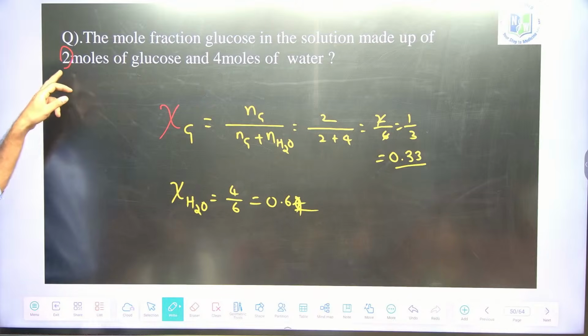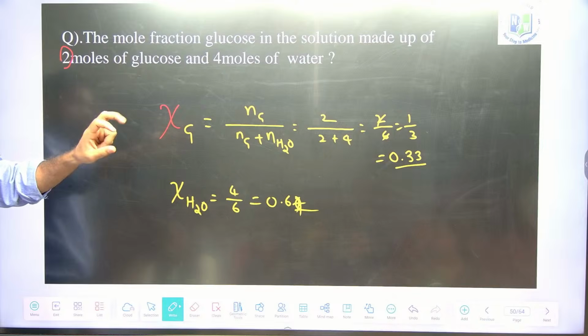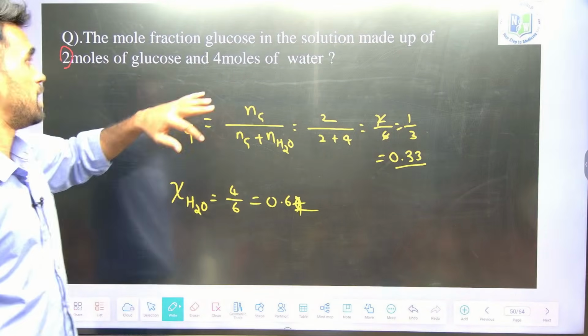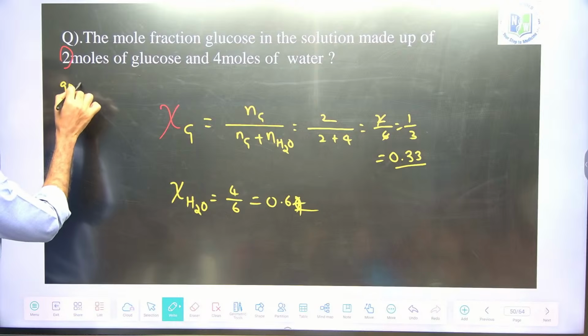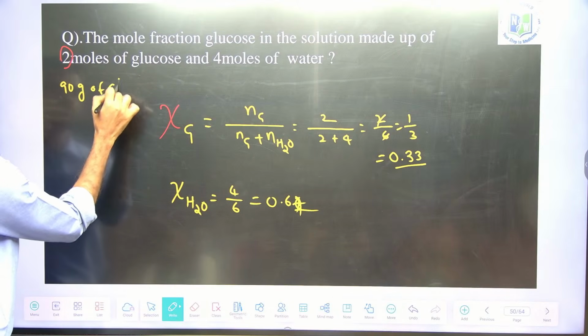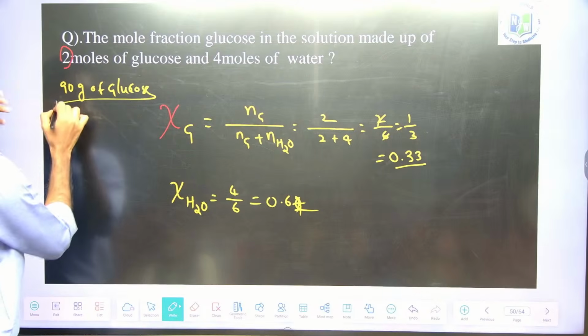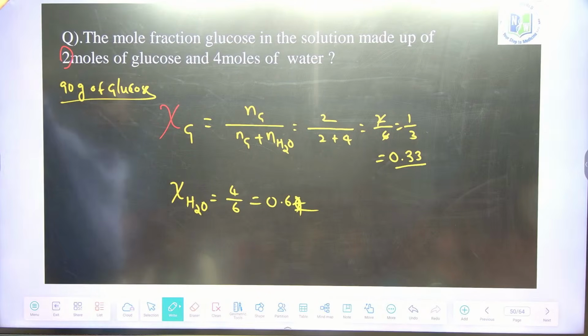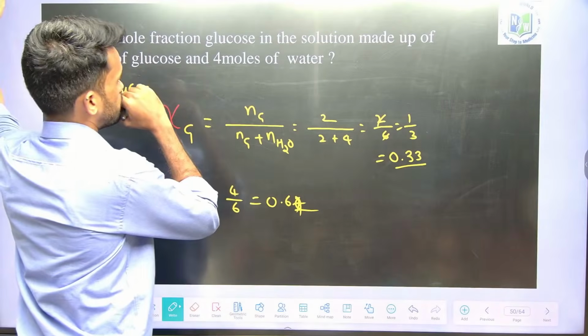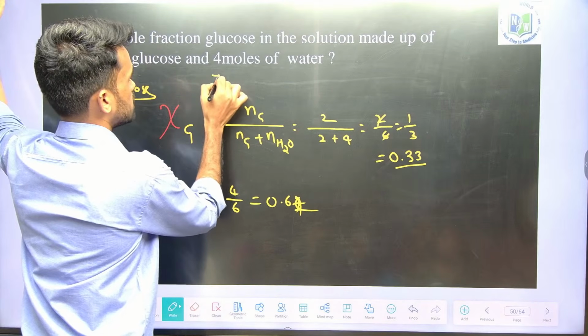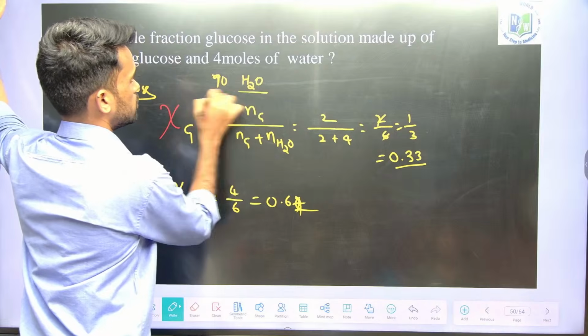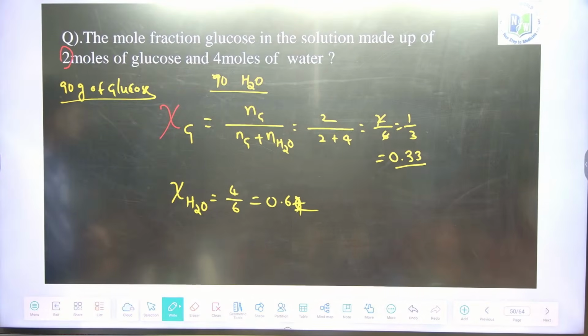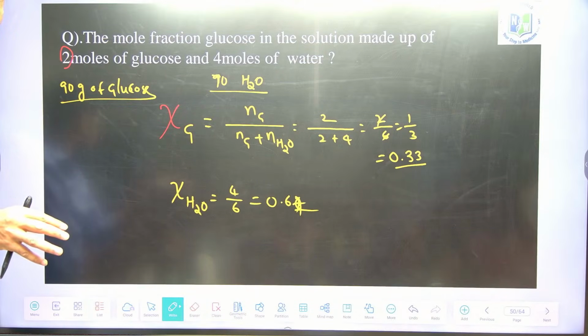Now tell me: mole fraction of glucose in a solution made up of 90 grams of glucose mixed with 90 grams of water.